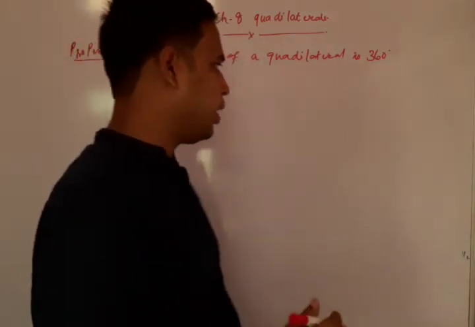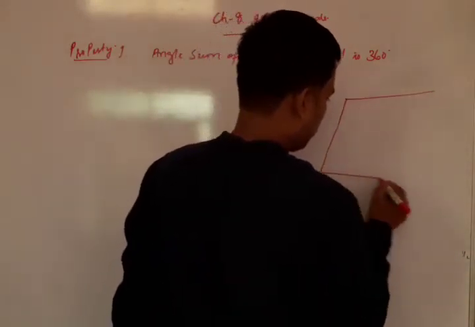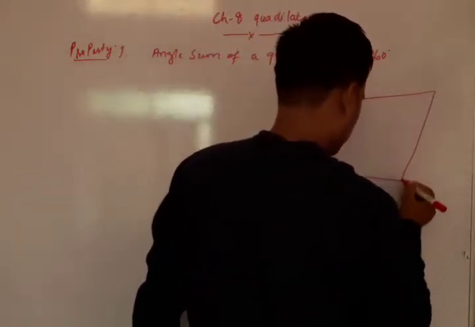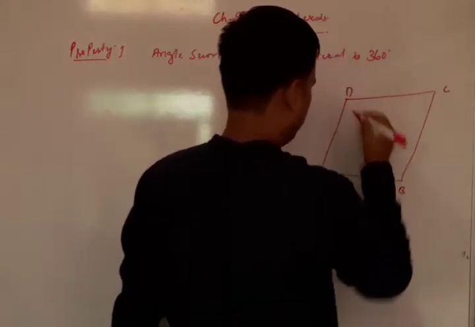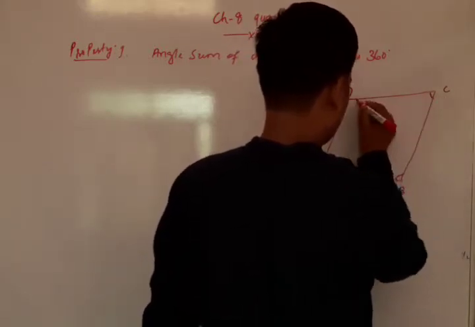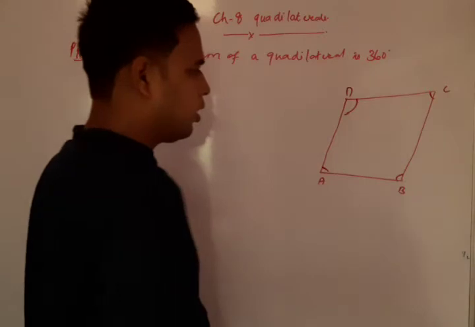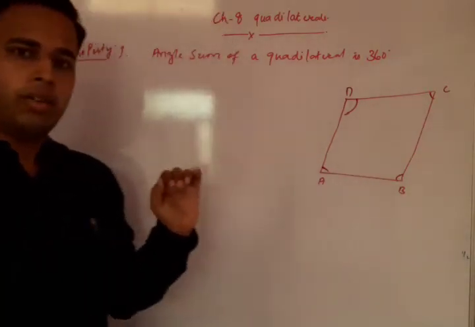First we will draw a quadrilateral A, B, C, D. We have a quadrilateral ABCD. Now what will we do?